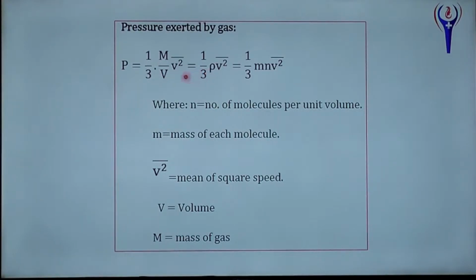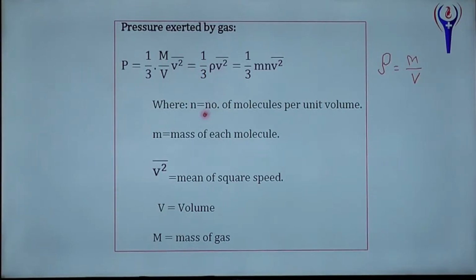Density equal to mass by volume. So M by V is replaced by rho: P equal to 1 by 3 into rho into v bar square.